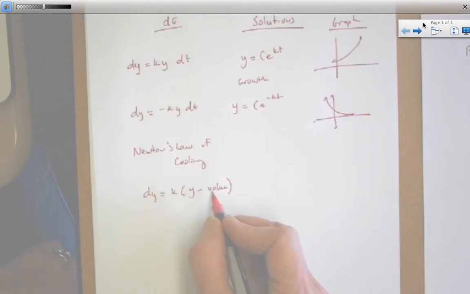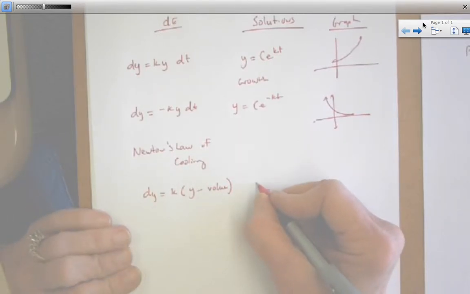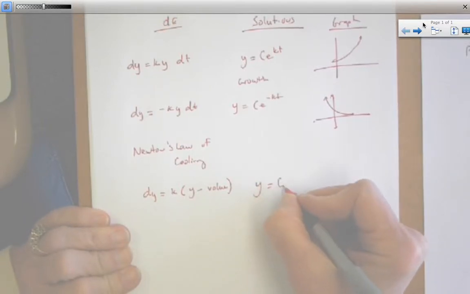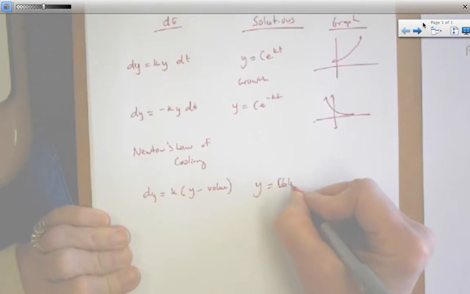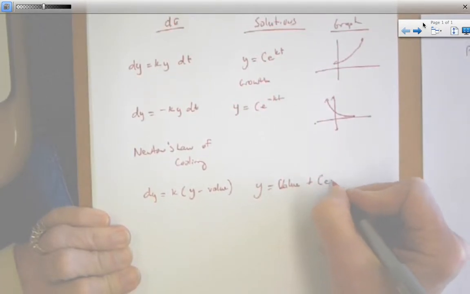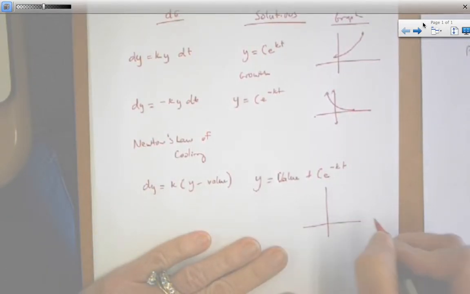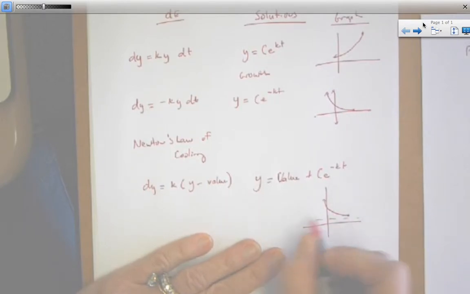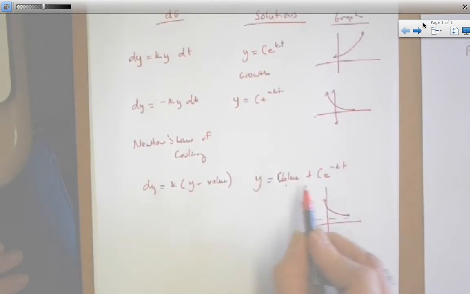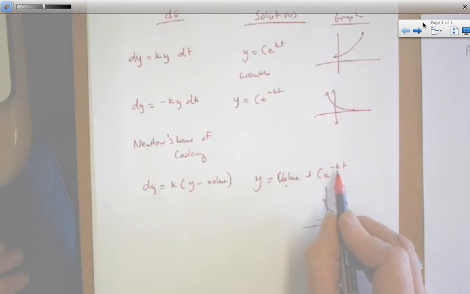We'll look at several different type problems when we start reviewing Friday and Monday. Its solution looks like y equals the value, your beginning value, plus c e to the negative kt, because it's going to have a value that comes down toward it. This is how it shifts up, and this is going to be the declining value.